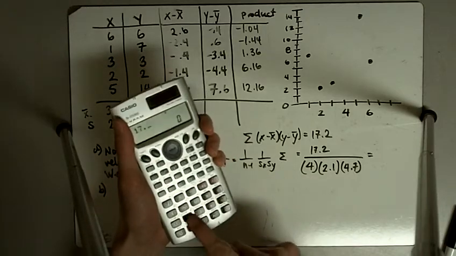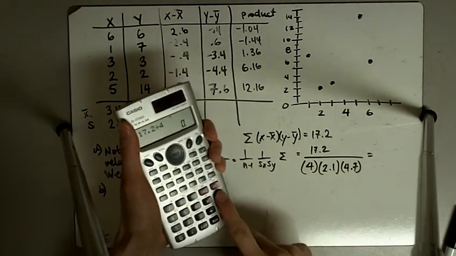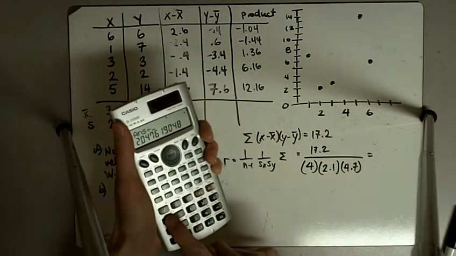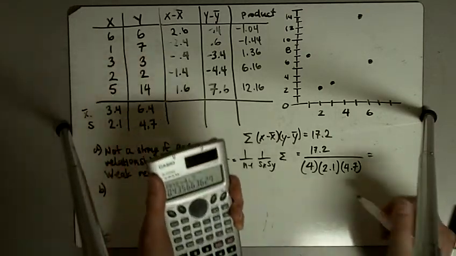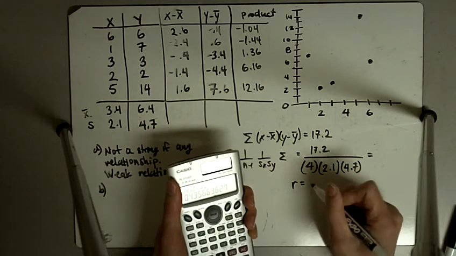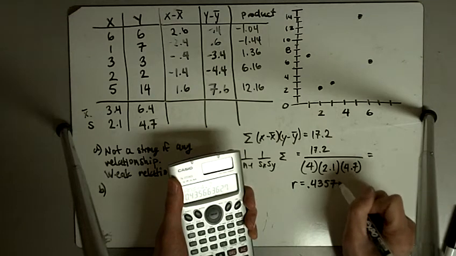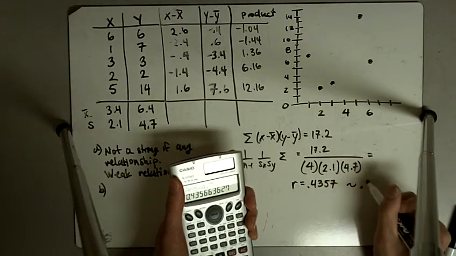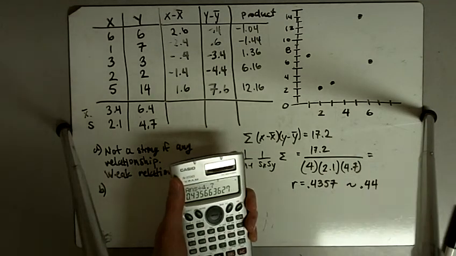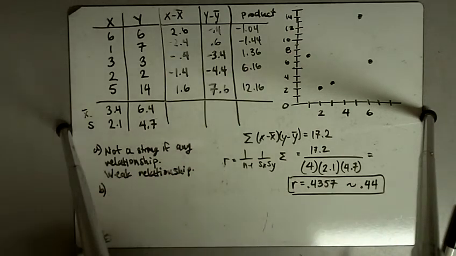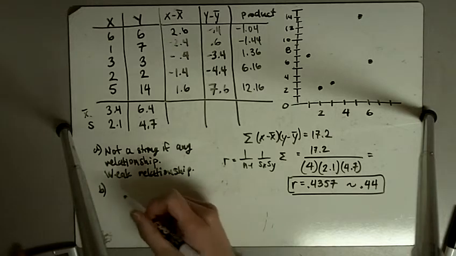So I have 17.2 divided by 4, divided by 2.1, divided by 4.7, and I get r is equal to 0.4357, so about 0.44. My correlation coefficient is about that much.